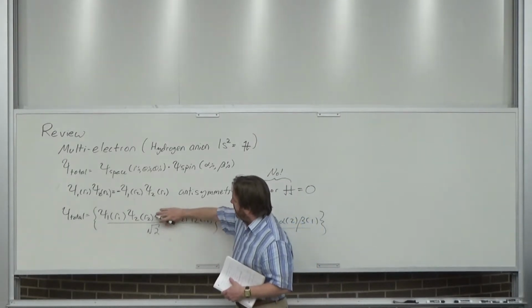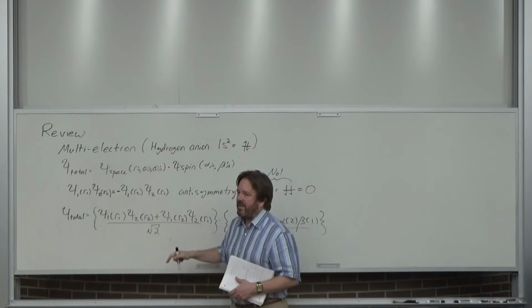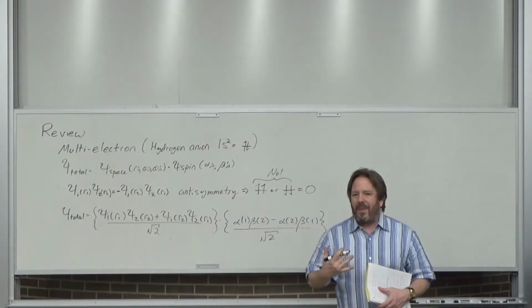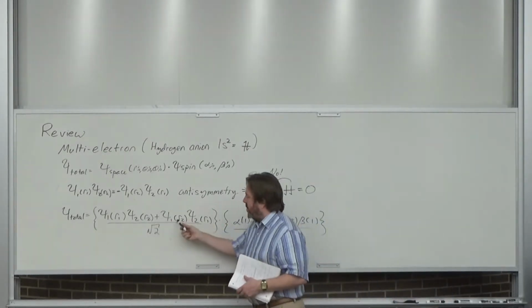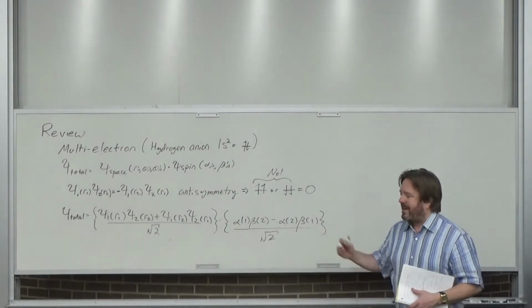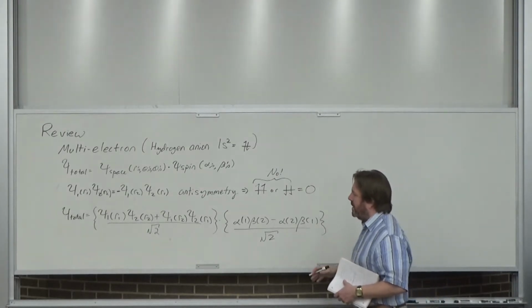Remember, if you leave this other term out, then it says that you can tell electron 1 versus electron 2, like they have a different color, and that's ridiculous. So we have to, unfortunately, complicate the space part of the wave function a little bit, and that's how you do it. Okay, so that's just a review.